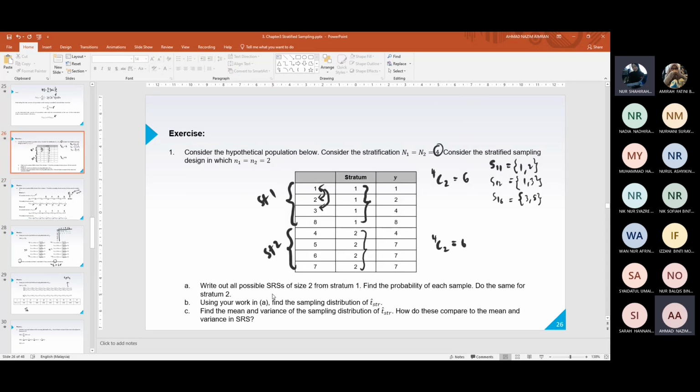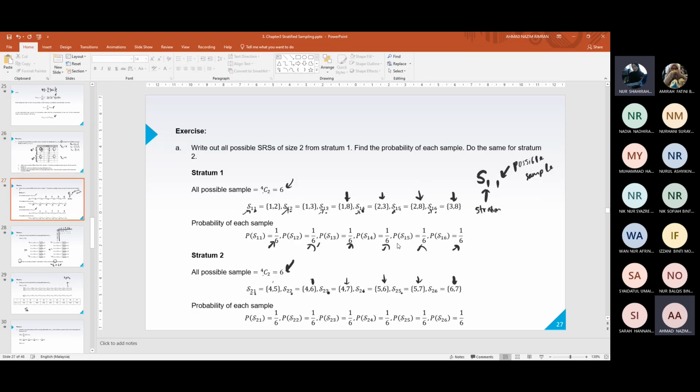Now, look at the value here. 1, 2, and 4, 5. The value of Y is 1, 2, and 4, 7. Tengok ya.